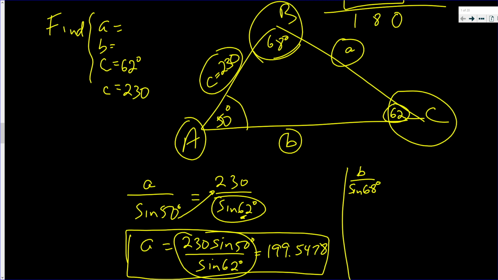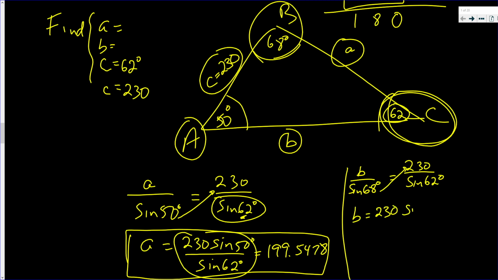A has a much higher chance of being wrong than C. C has less chance of being wrong, so let us use C. So we have little c, and we divide by the sine of 62 degrees. This goes up there. Cross multiplication.